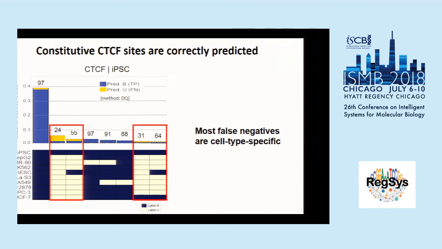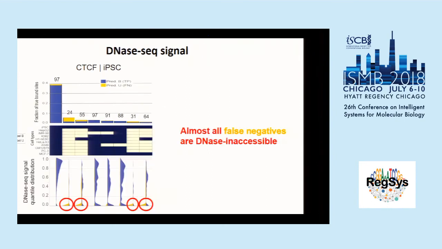There is some cell type specific binding. It is not predicted well at all. And most of the false negatives end up being cell type specific. Now that we've gone this far, we can also plot other properties of these subsets, and DNase is one. Again, just looking at the circled bits, almost all the false negatives are essentially DNase inaccessible.